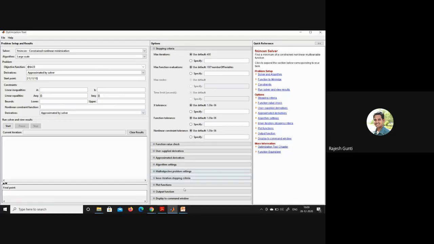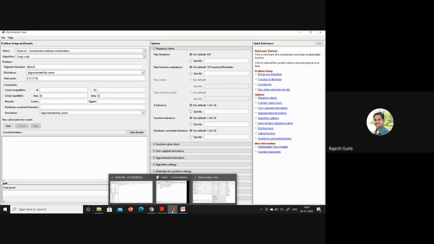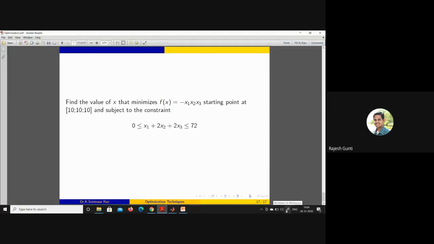Here A and B are there. How to write these equations?